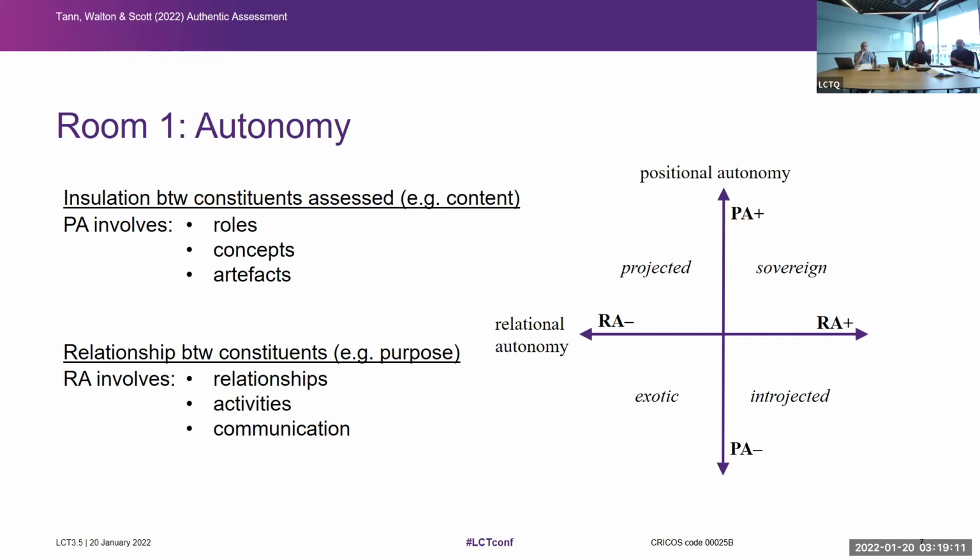Now, if we are talking about the relationship between constituents in terms of RA, we could interpret that in terms of the purpose to which those constituents are being put. So for example, what are the relationships? Are you talking about a superior-to-subordinate relationship, co-workers, as opposed to expert versus non-expert within the classroom?